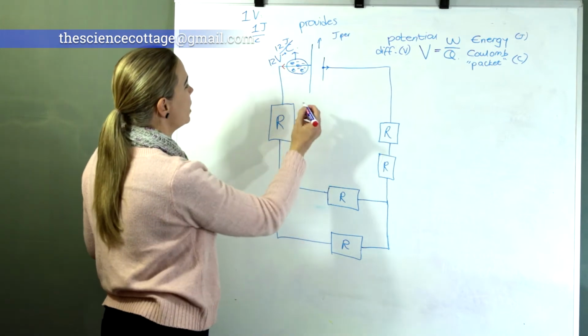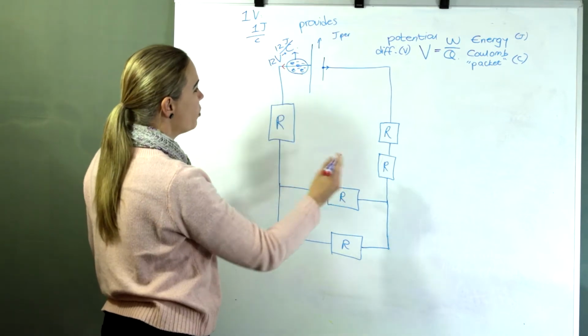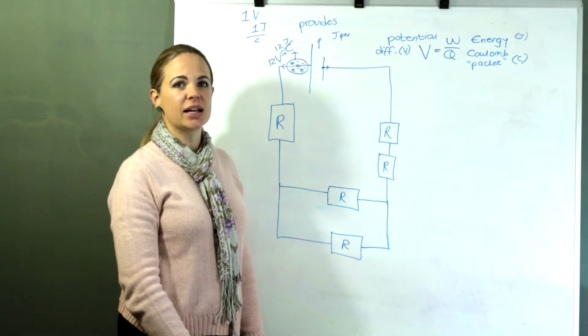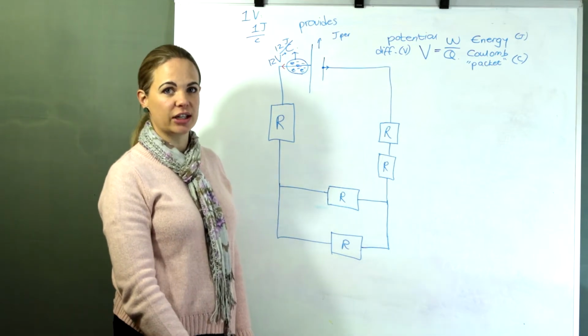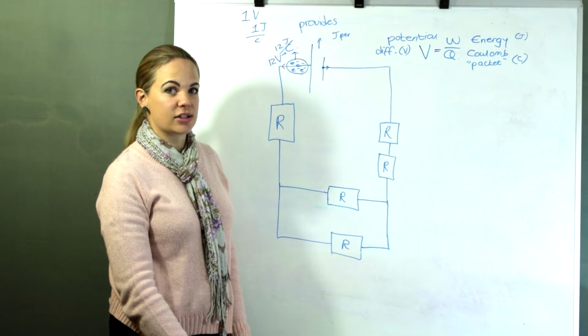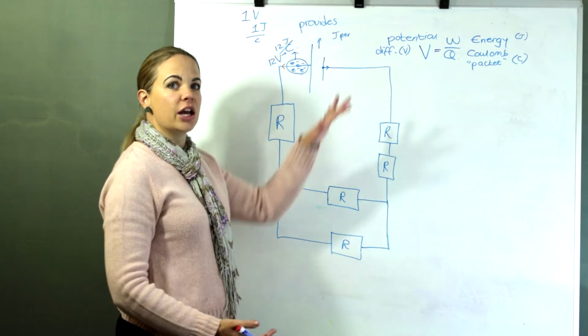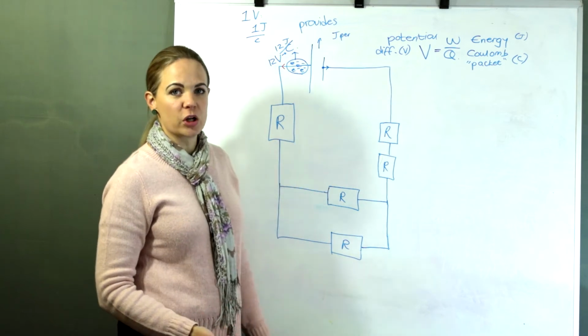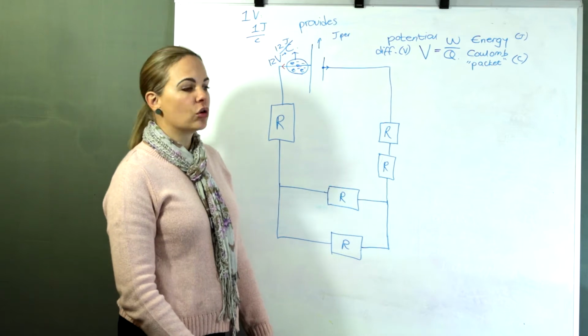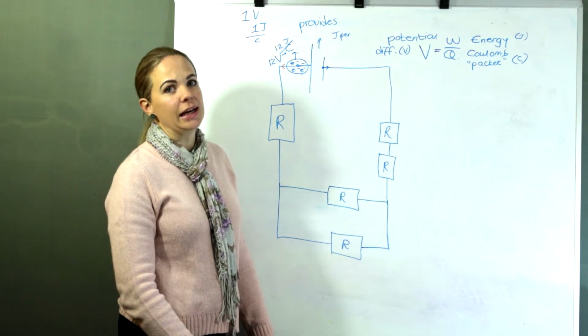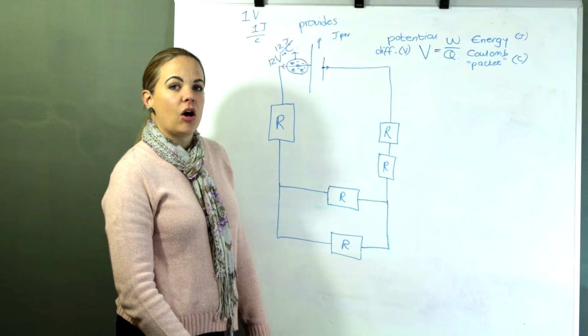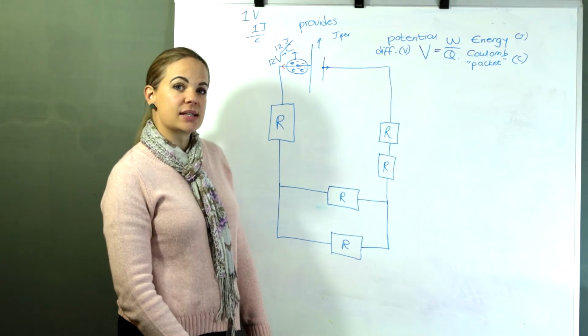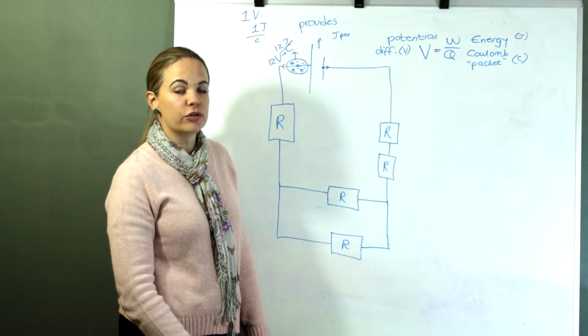Conventional current is from positive to negative, because when scientists first started studying circuits, they didn't know that it was electrons that moved. So they just chose the conventional route of positive to negative. And all subsequent calculations in electrodynamics and so forth are based on this assumption that current moves from positive to negative.